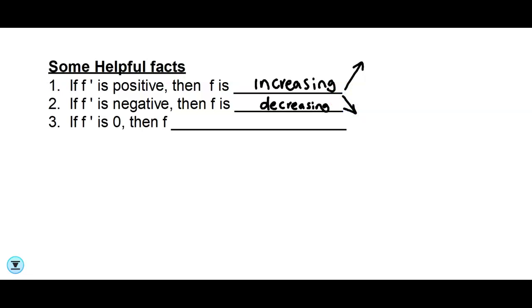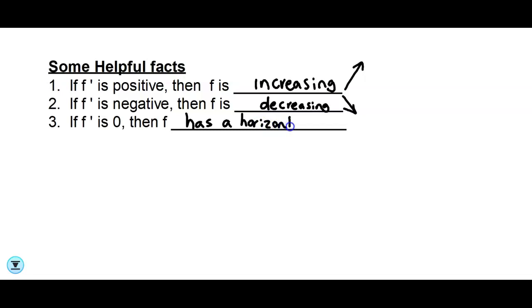If f prime is 0, then f is neither increasing nor decreasing, because 0 is neither positive nor negative, right? So what would the graph look like if it was neither increasing nor decreasing? Well, it would have a horizontal tangent line that is flat.